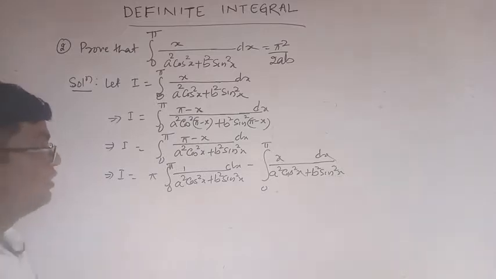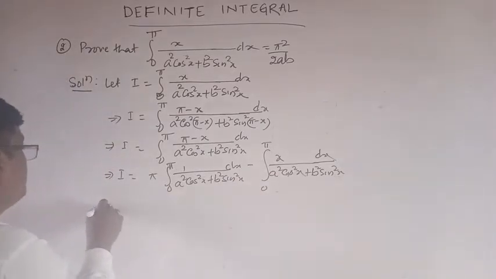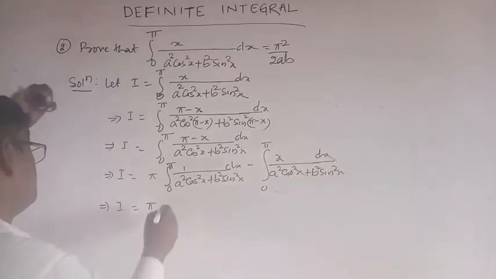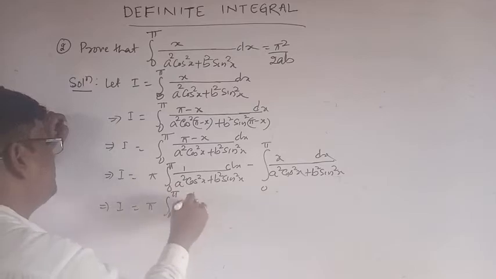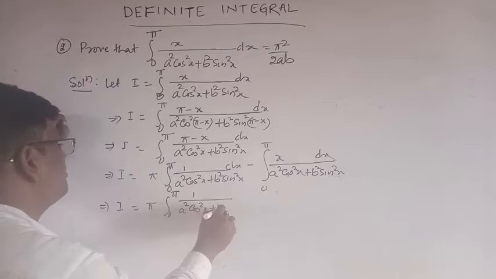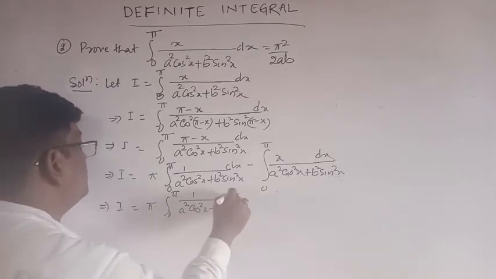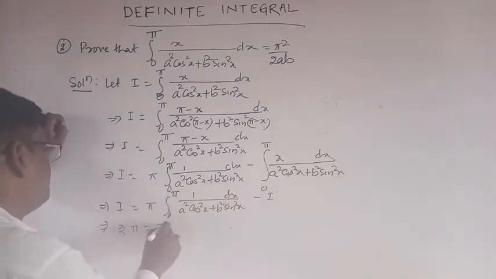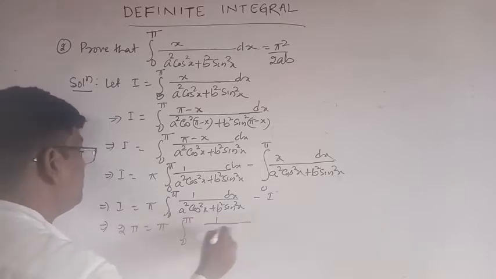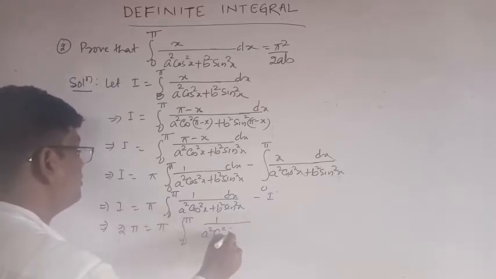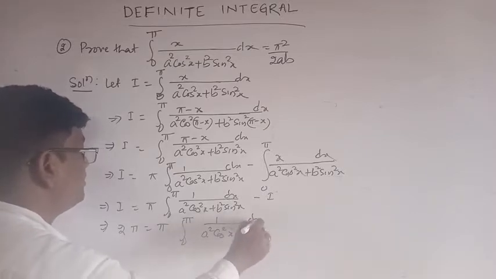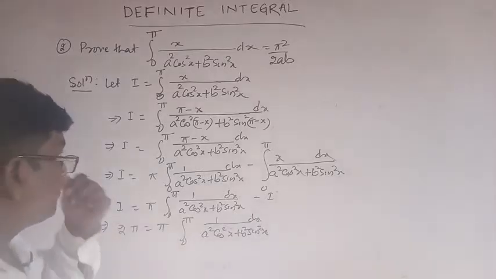Here this is I, so I is equal to pi times the integral from 0 to pi of 1 by (a square cos square x plus b square sin square x) dx minus I. So 2I is equal to pi times the integral from 0 to pi of 1 by (a square cos square x plus b square sin square x) dx.